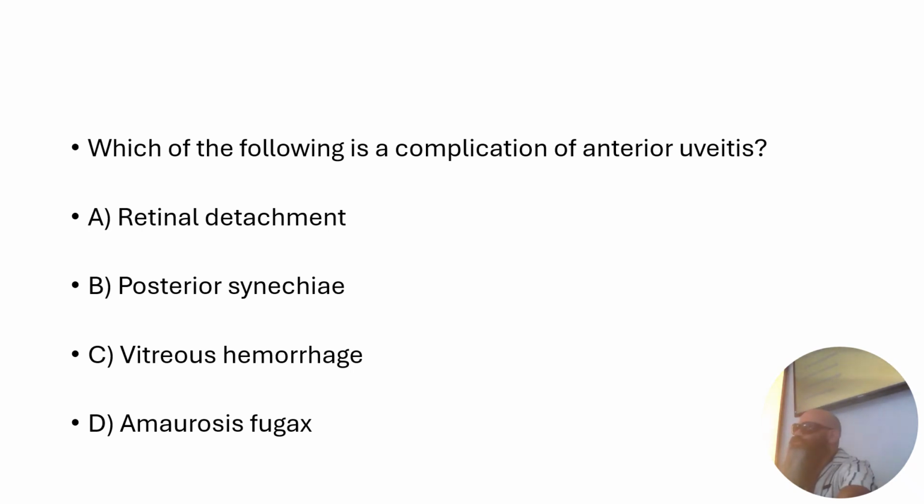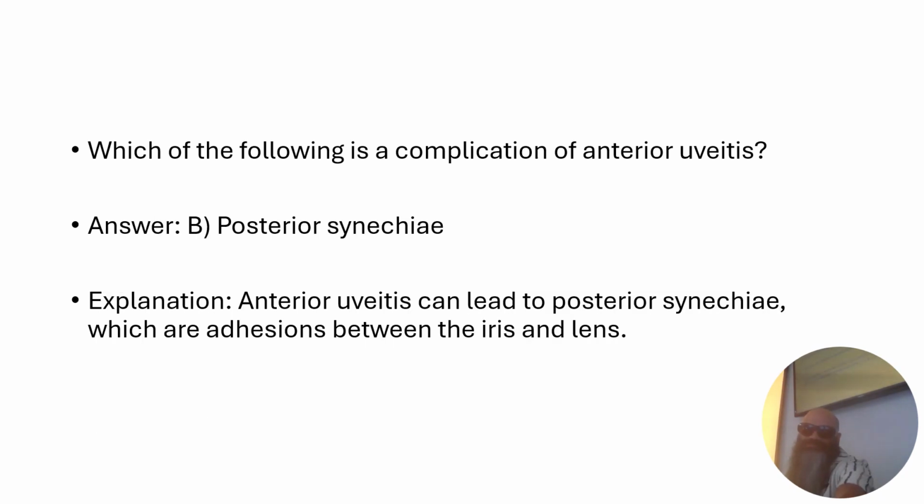What's the term for the adhesions that can happen? You want to take a shot? D? Okay, let's see. Yes, synechiae, that's when the iris adheres to the cornea or the lens and bad things happen, okay?